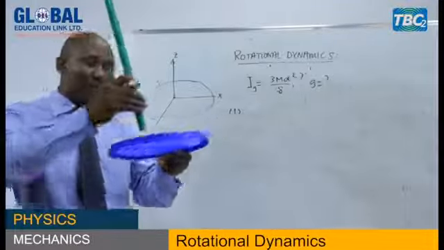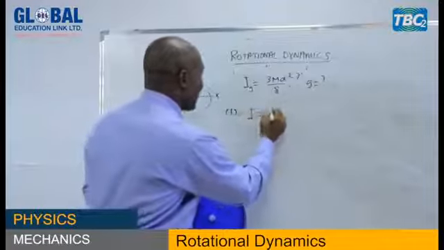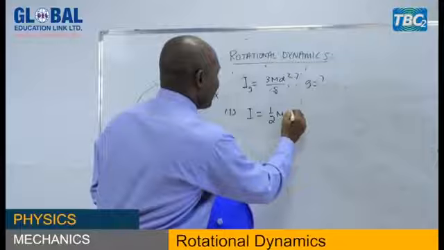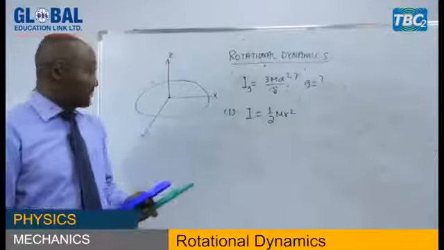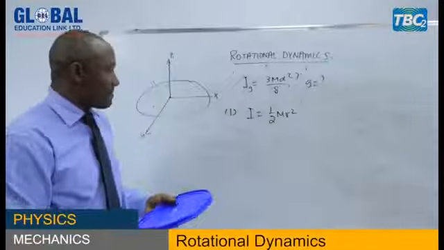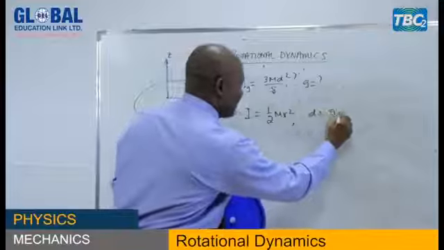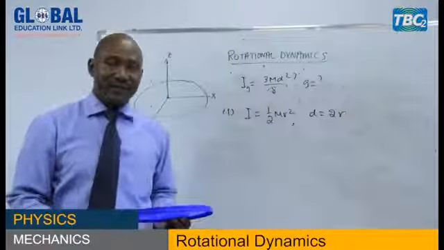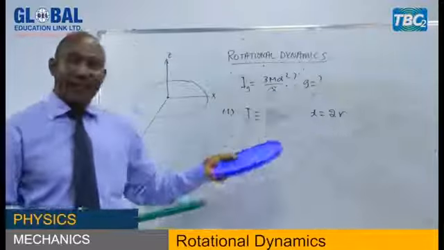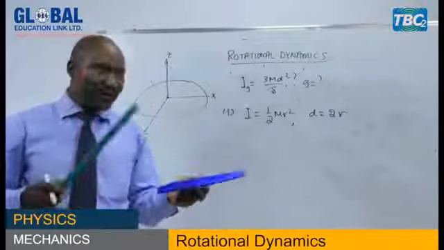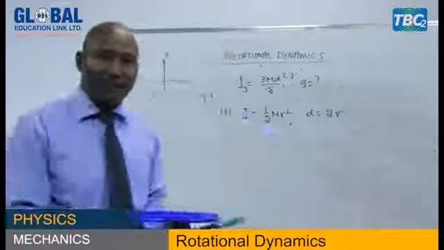The center of this disk, we know the formula is I equals 1/2 m r squared, where r is the radius. The radius and the diameter are related: the diameter is 2r. Let's check whether the given moment of inertia gives the same answer; if so, the object was rotating about the center of gravity.